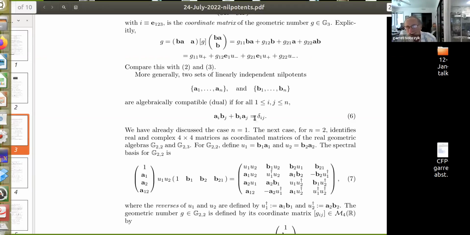So in other words, for i not equal to j, they're anti-commuting, okay? So this is really characterizing matrix multiplication in terms of this basic relation 6, relating two Grassmann algebras generated by the A's and the compatible, or dual, Grassmann algebra generated by the B's.